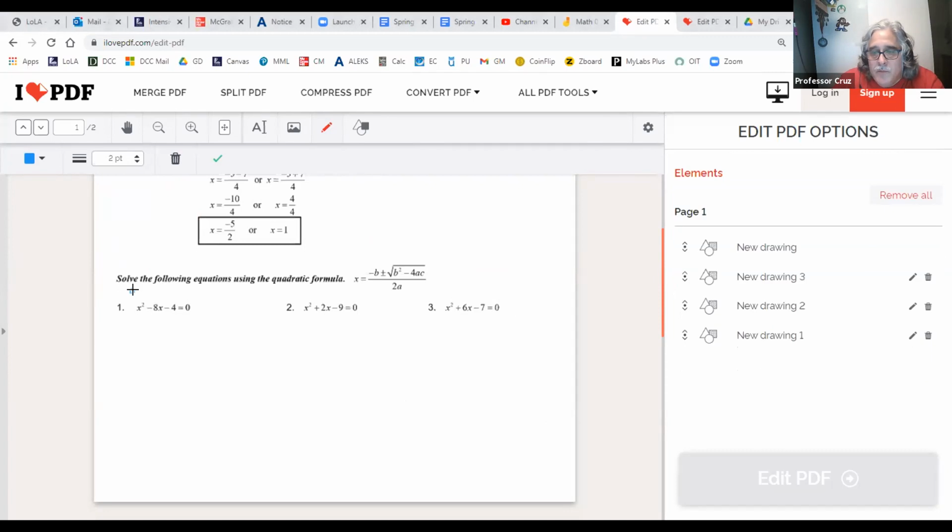In other words, A is equal to 1, B is equal to negative 8, C is equal to negative 4. Okay? So give those a try.